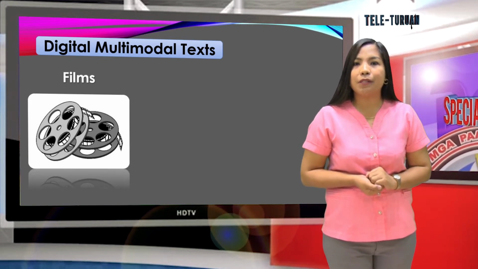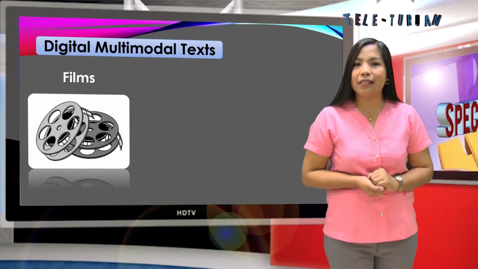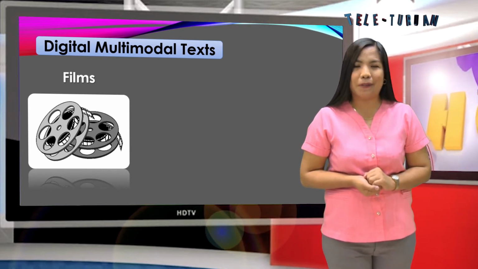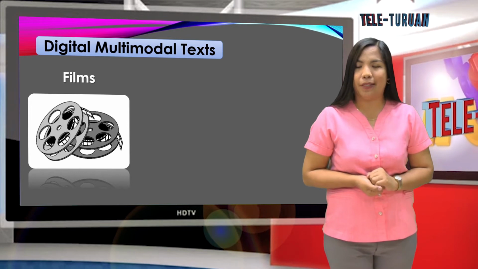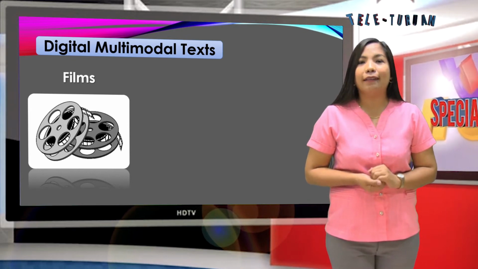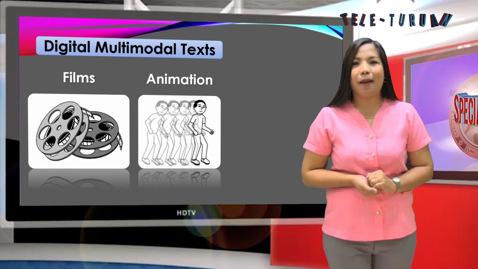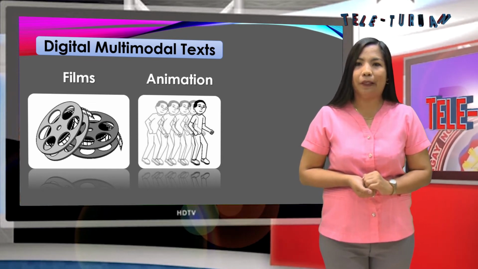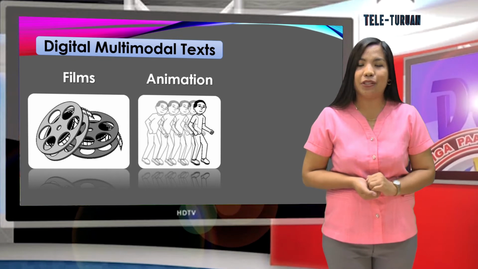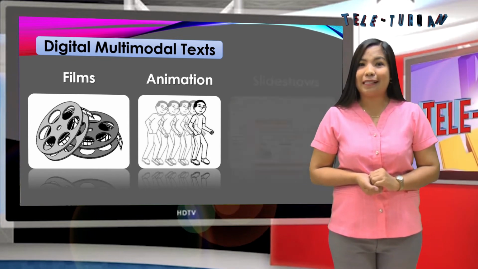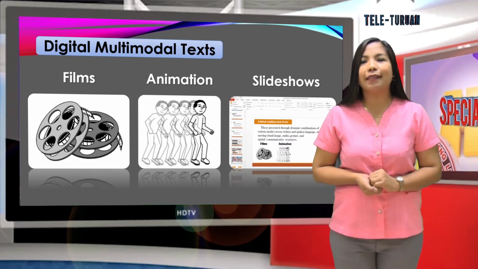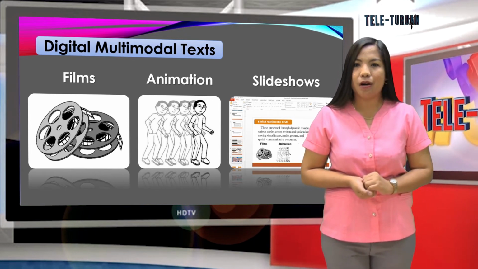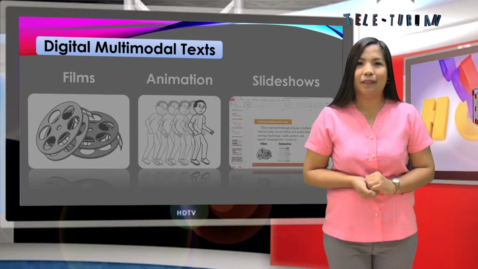Films, it is a form of storytelling using a series of moving images shown on the screen usually with sounds, and I know that you are really familiar with that. The second one is animation. It is a method of storytelling using figures that are manipulated to appear as a series of moving images. Third, slideshows. These are presentations that is based on the series of projected images or photographic slides.